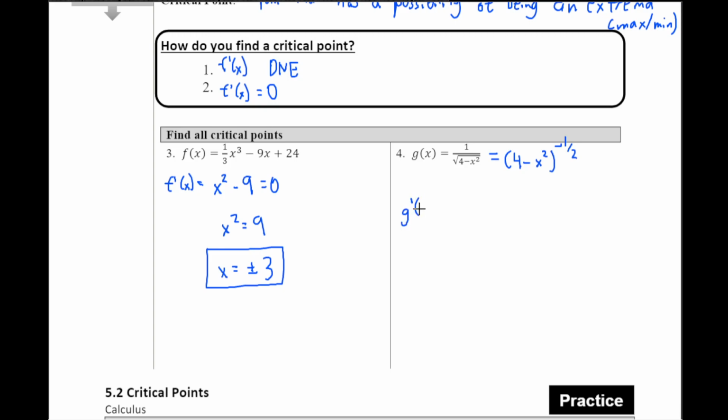So g prime of x, using the power rule and chain rule, is equal to bring the -1/2 down, times parentheses 4 minus x squared to the -1/2 minus 1, which is -3/2, and then you multiply by the derivative of the inside, because that's the chain rule. And then if you simplify this out, the -1/2 times -2x, that's just an x on the top.